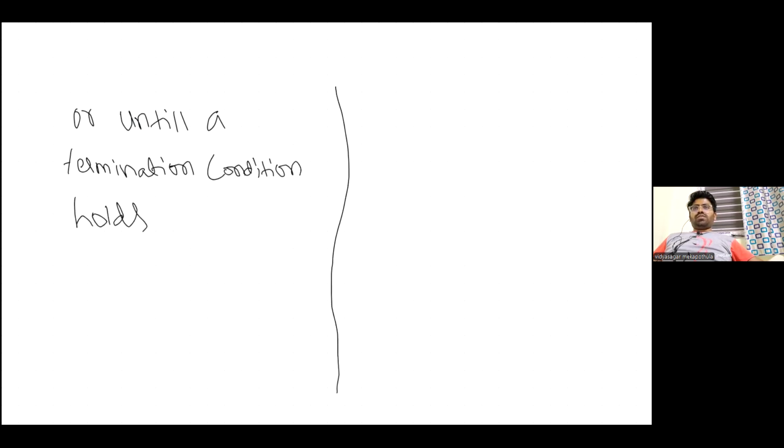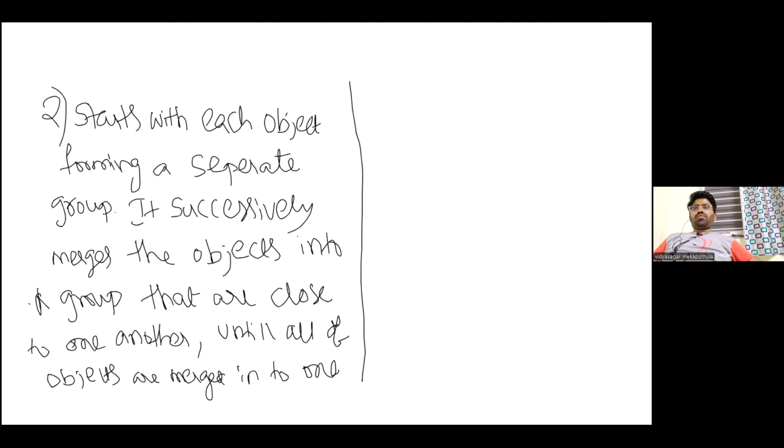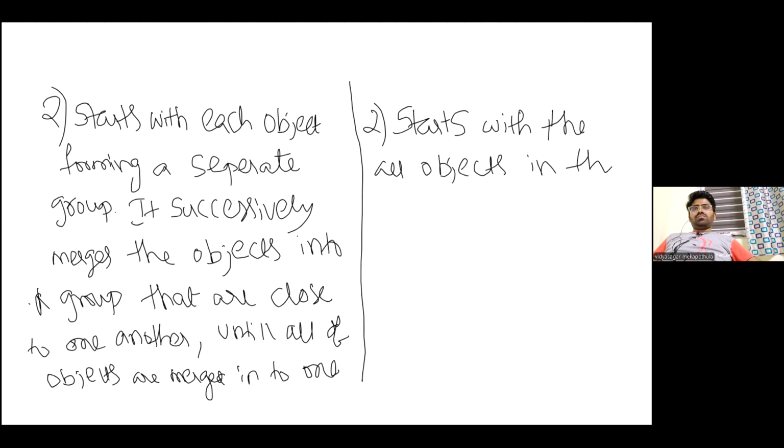Now let us see the second point in divisive clustering. It starts with all objects in the same cluster.